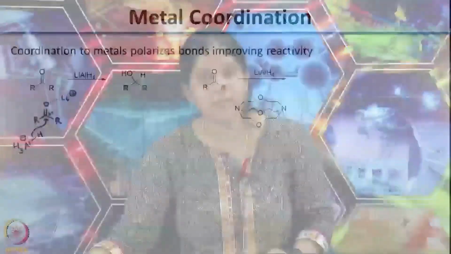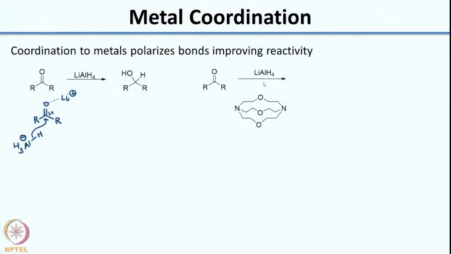So, to prove this hypothesis, what researchers have done is they have done the same reaction with lithium aluminum hydride. So, now they have done the reaction in the presence of this molecule. This molecule is called a cryptand, and the cryptand really likes lithium, alright.